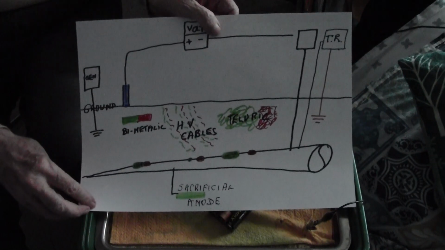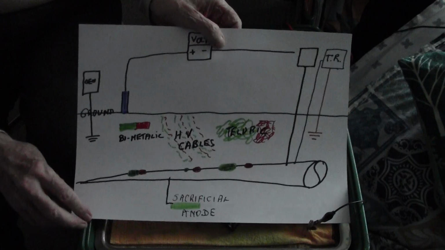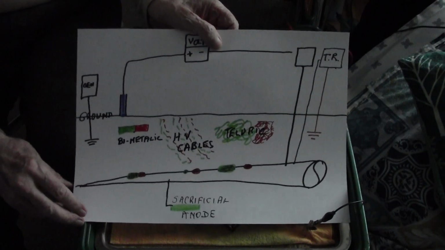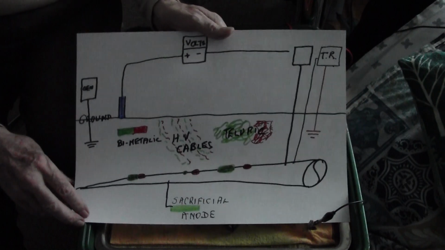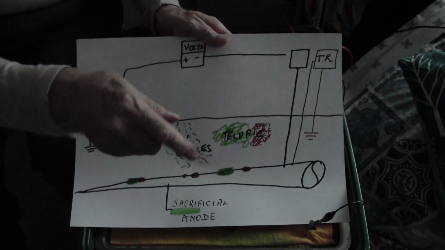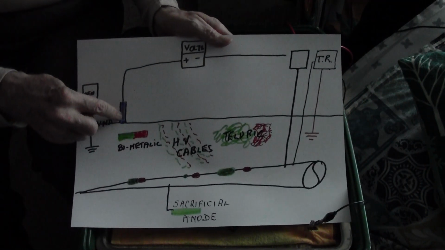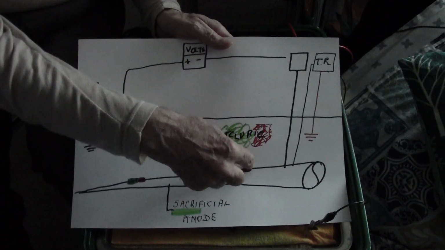According to DIN 50918, which is the laboratory specification for the measurement of the corrosion reaction and electromotive forces, we have to have the probe close to the anode.